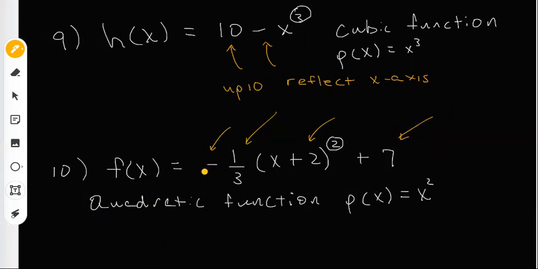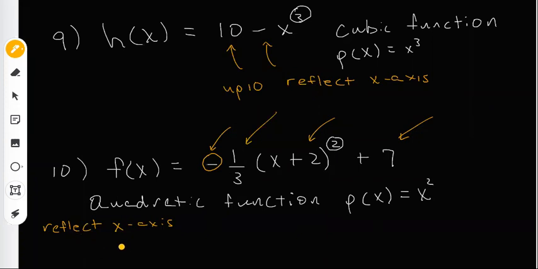All right, so going in order from left to right, the negative is going to be a reflection. So we're going to be reflecting over the x-axis. So that's what the negative means. And then we have a 1/3. So that 1/3 is going to cause some kind of dilation.